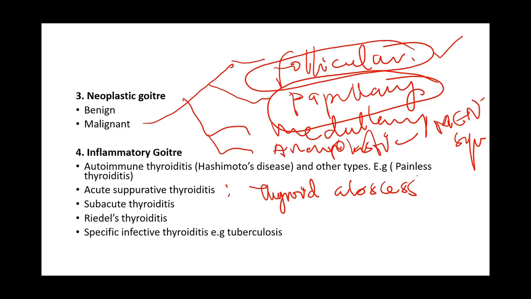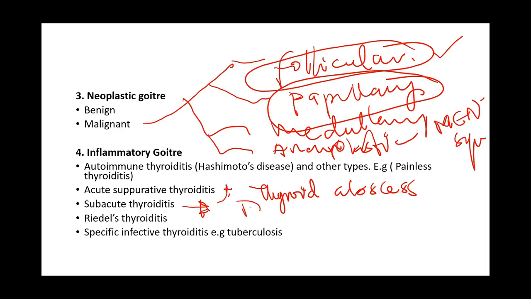The subacute thyroiditis are not as aggressive, the features of inflammation are usually less than the acute suppurative, and usually it follows a viral infection, okay, which can lead to subacute thyroiditis.